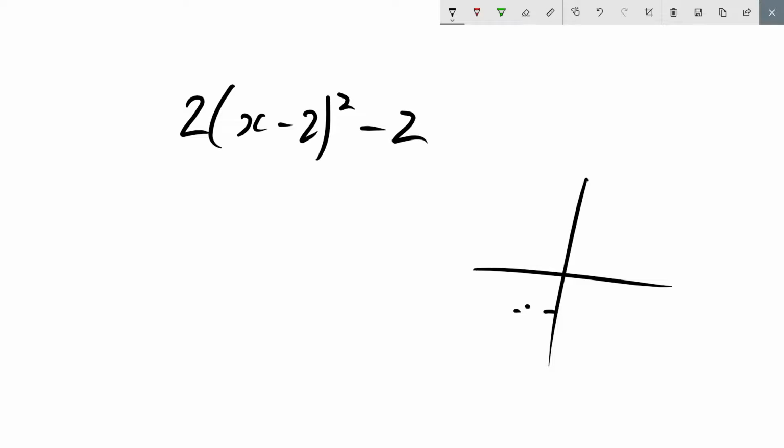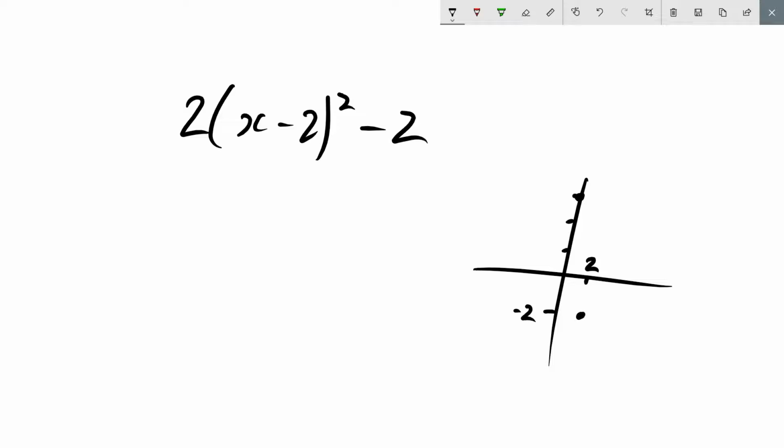So here's -2, and it will be 2 in the x direction here. I can then solve for it again. So -2 squared is going to be 4. 4 times 2 is 8. Minus 2 is going to be 6. So find wherever the 6 is. That's 2, 6 up here.